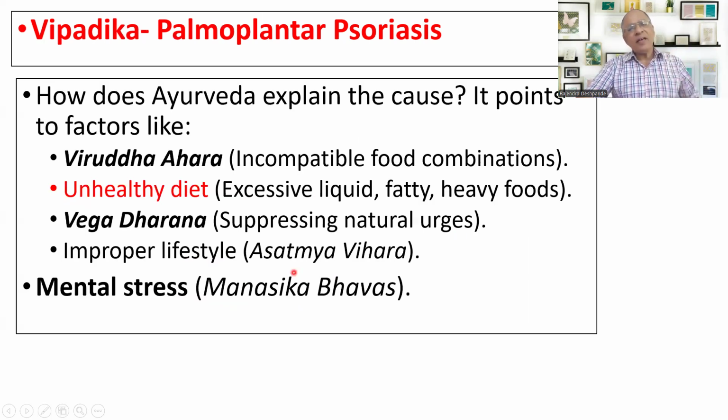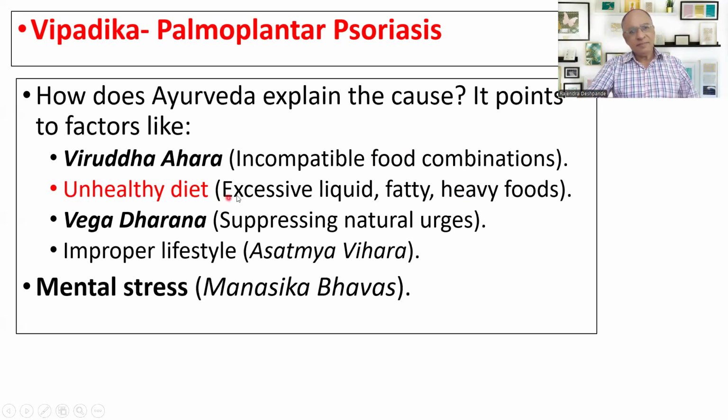How does Ayurveda explain the cause? The important key factors are like Viruddha Ahara. If the person is consistently consuming incompatible food combinations, for example, milk and fruits together, that is fruit salad or milkshake, this is Viruddha Ahara.